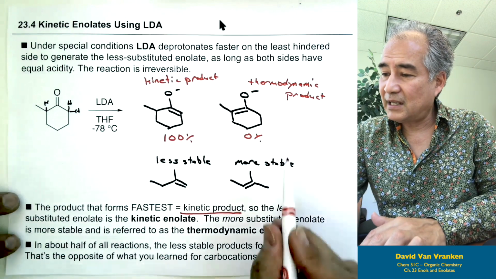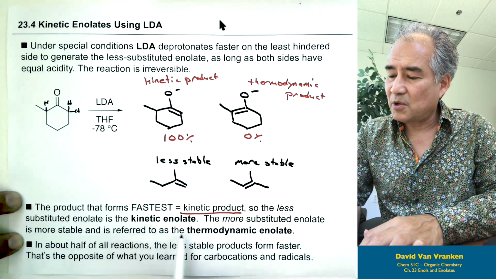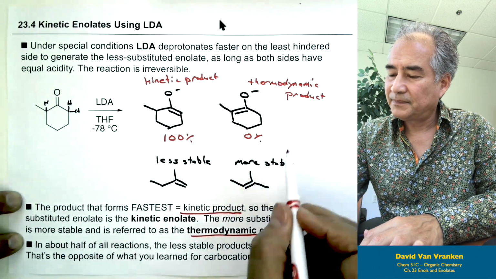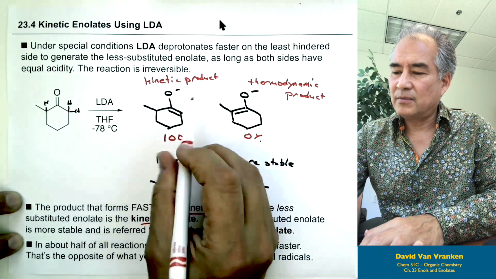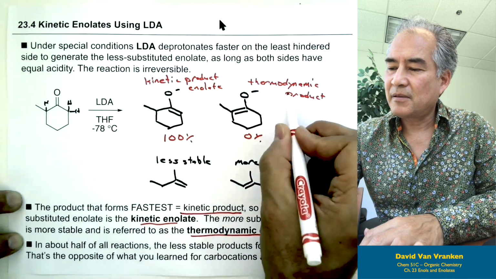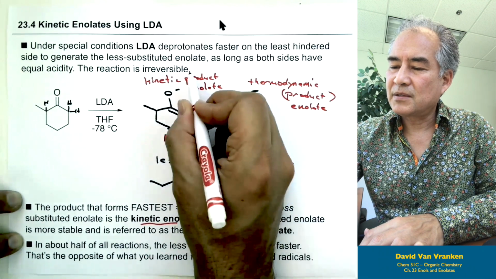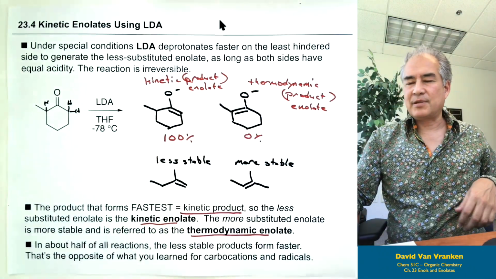So the more substituted enolate, in this case, is going to be the thermodynamic product. So we'll call these the thermodynamic enolate and the kinetic enolate, since we're specifically talking about enolate chemistry.